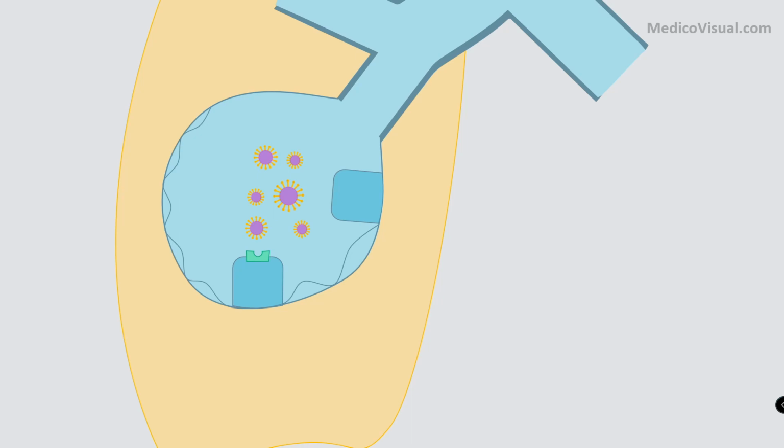These large number of coronavirus particles can initiate a strong immune response, right? They will trigger an immune response, because here you know that macrophages are present in the alveoli, and these macrophages will engulf these virus particles.